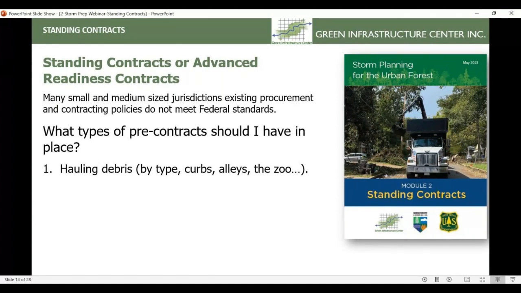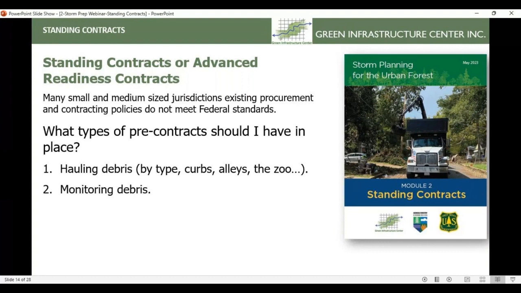There's vegetative debris, which we're focusing on here, which is the mulching, the tree limbs, the trunks. But there's also other demolition debris, hazardous waste, etc. And then there are also specific types of hauling operations, and Darren can talk about this in a minute, but consider the difference between hauling debris away from the right of way versus specific public properties that may have other logistical considerations.